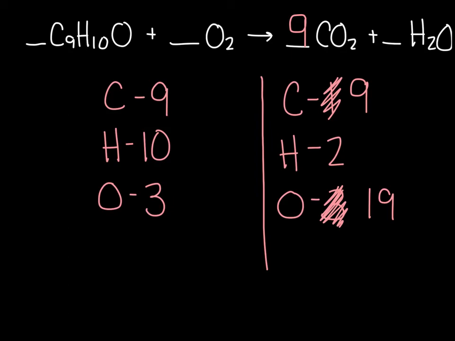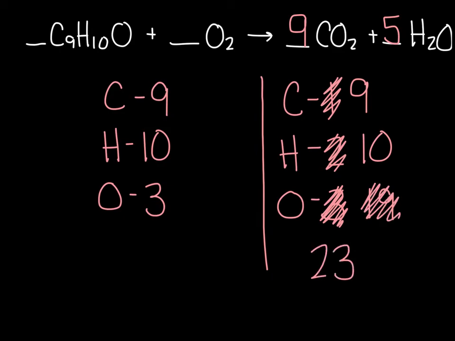On the reactant side, I have 10 hydrogens, so I'm going to place a 5 in front of the water, which gives me 10 hydrogens. I'm going to again recount the number of oxygens that I have. I have 9 times 2, so 18 plus 5, which gives me a total of 23 oxygens.